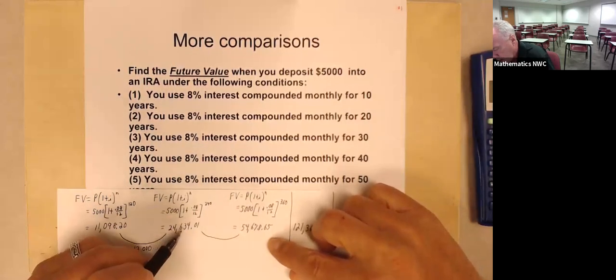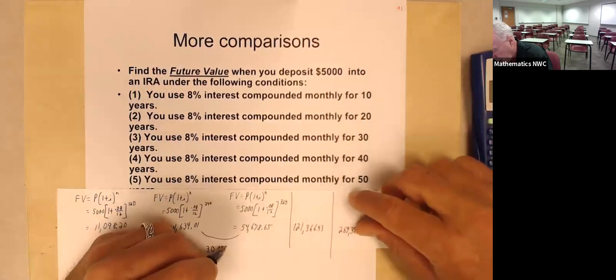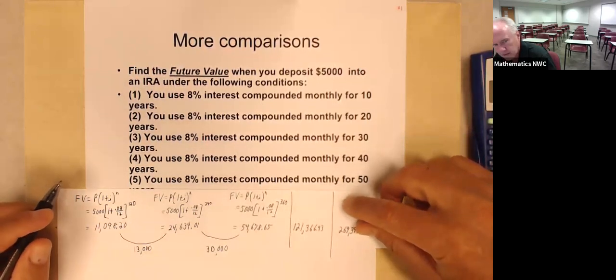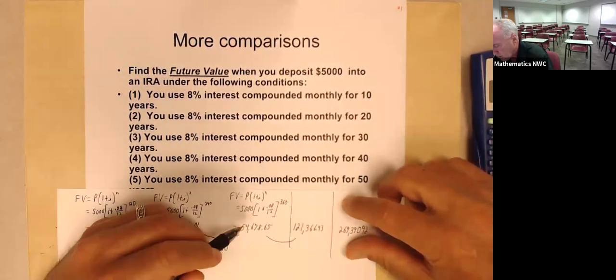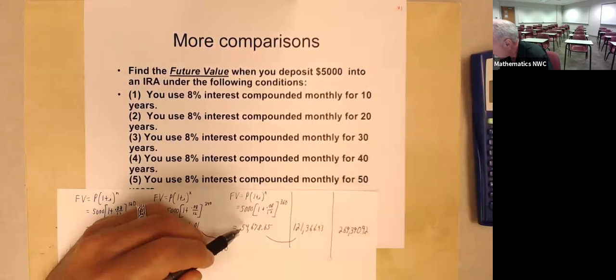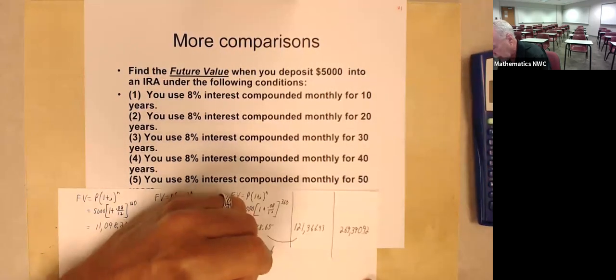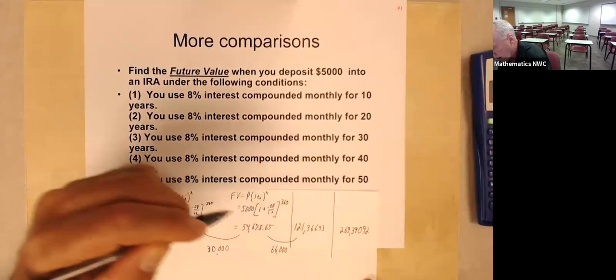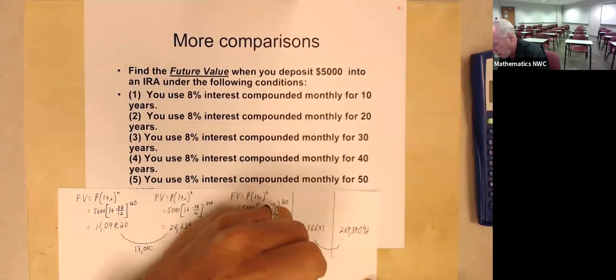The difference from 24,000 to 54,000 is approximately 30,000 difference. The difference there from 54 to 121 is approximately 66,000. The difference here is approximately 148,000.